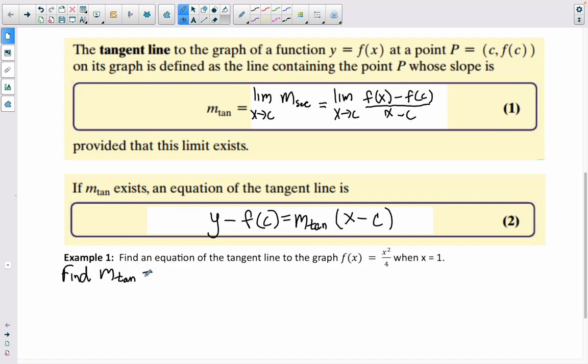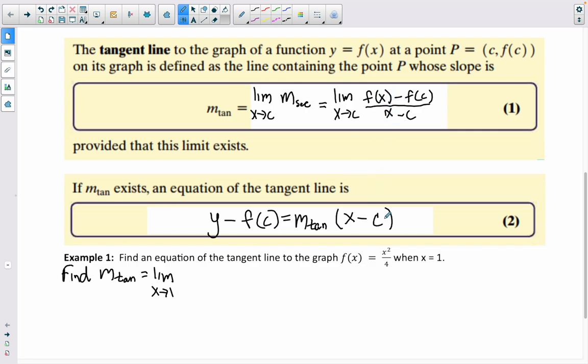Okay, and so the slope of the tangent is going to equal the limit as x goes to 1 of my slope here, right?